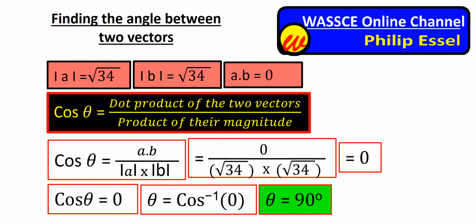What this means is that the two vectors are perpendicular to each other. Note that this method can also be used to determine whether two vectors are perpendicular or not. In part 5 of bearings and vectors, we used another method to determine whether two vectors are perpendicular or not.